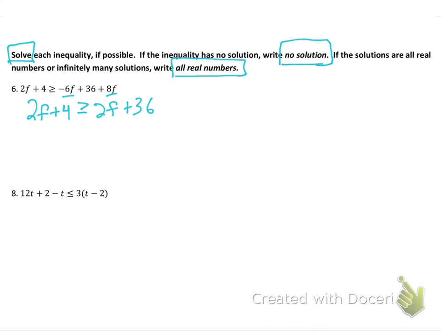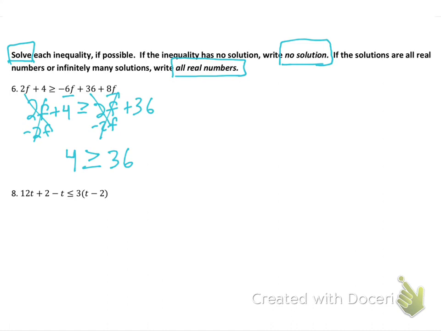All right, so now if I want to get the f's to one side, I'm going to have to minus 2f, minus 2f. What that does is that gets rid of this, and that gets rid of this. And what you're left over with is 4 is greater than or equal to a positive 36.